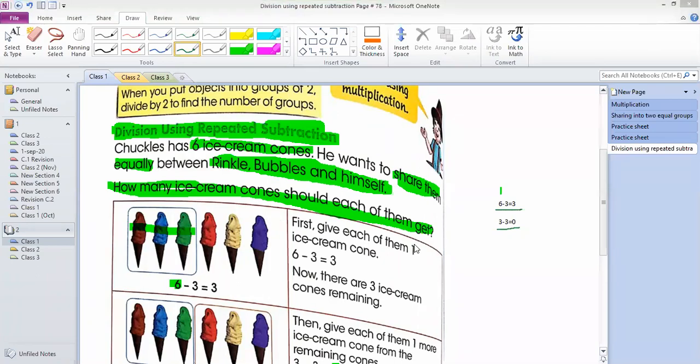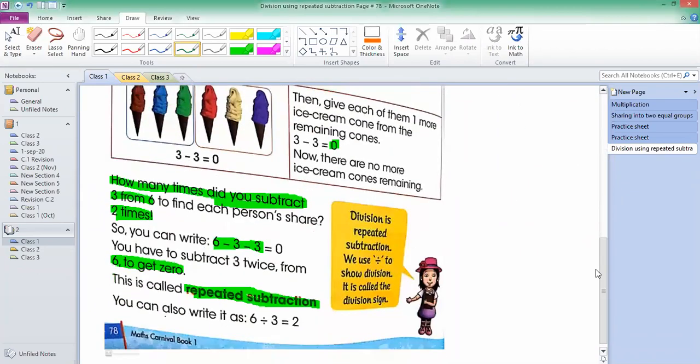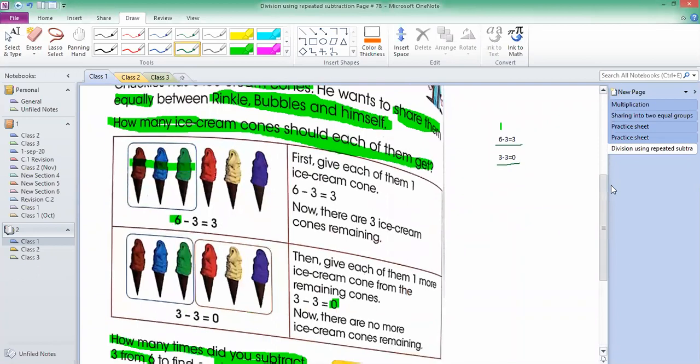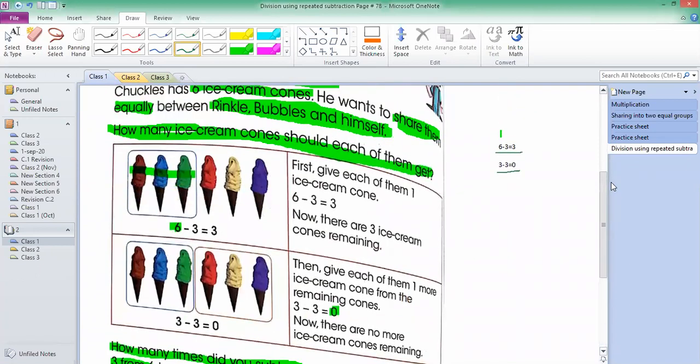You subtracted 3 two times in order to reach 0. That's why the answer is 2, that everyone will get 2 ice cream cones. If there are 6 ice cream cones and you distribute them equally among 3 kids, each of them will get 2 ice cream cones.